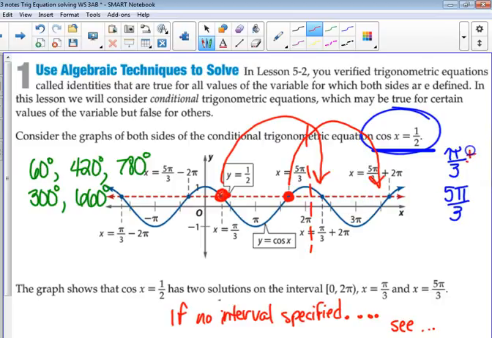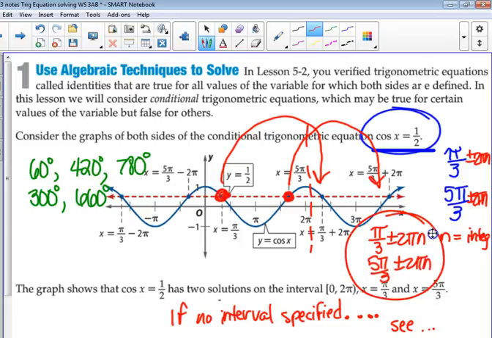So we're going to put plus or minus 2 pi n, plus or minus 2 pi n. I scribbled that in there really tiny. So pi over 3 plus or minus 2 pi n, where n is any integer. Yep, integer, because that's all I can fit on the screen. All right, 5 pi over 3 plus or minus 2 pi n.